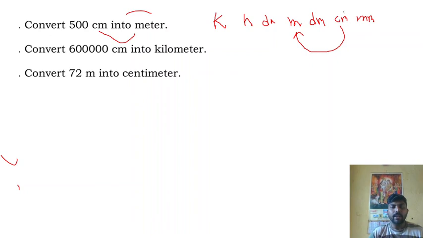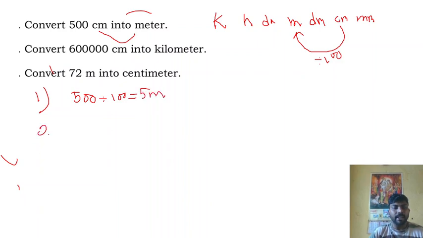When we are moving to the left-hand side, you know that we have to divide by 100. So 500 centimeter, if I divide by 100, you will get the result 5 meter. I hope you understand the first question.